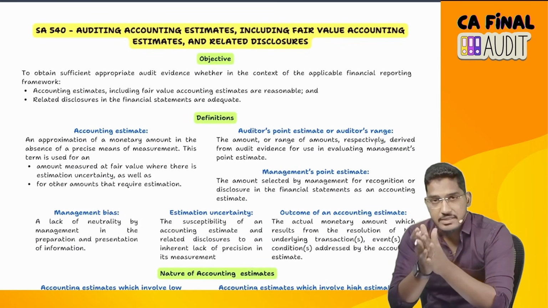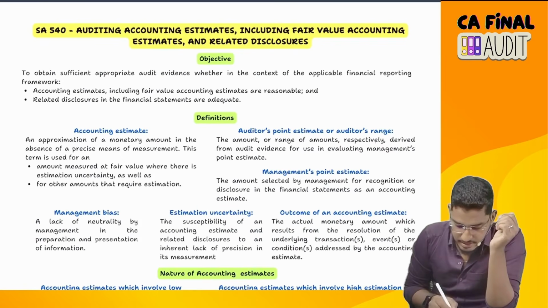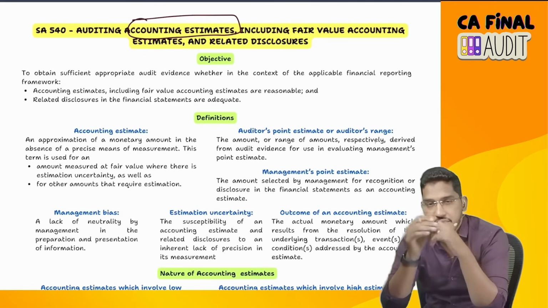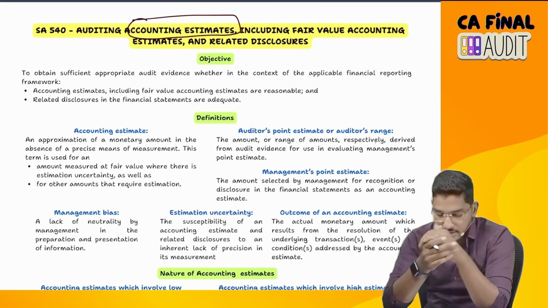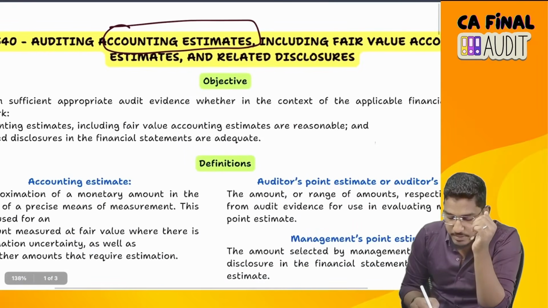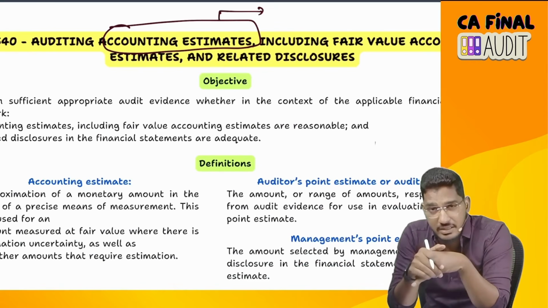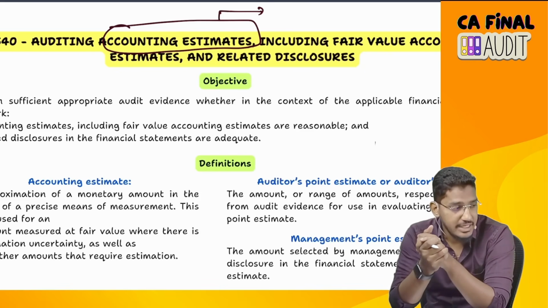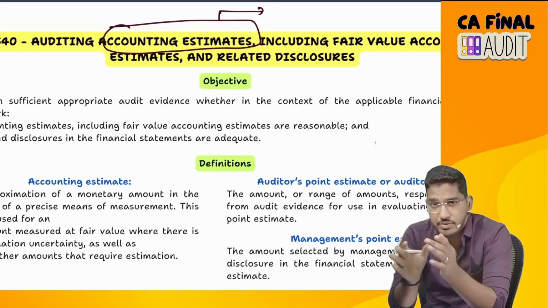So what exactly is the standard talking about? The whole subject matter of this standard is auditing accounting estimates. This standard is going to give the guidance as to how, as an auditor, we can obtain audit evidence regarding accounting estimates. See, we all are aware that in the process of preparation of the financial statements, management will prepare financial statements, and there will be various areas in the items of the financial statements where management can't measure those items with accuracy.